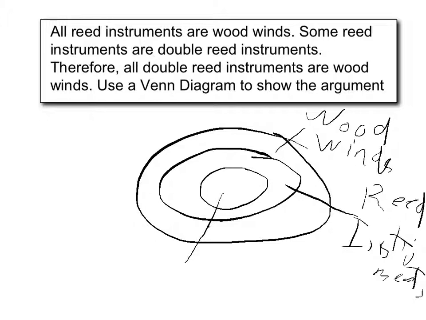The smallest innermost circle would be labeled double reed instruments because it represents double reed instruments.